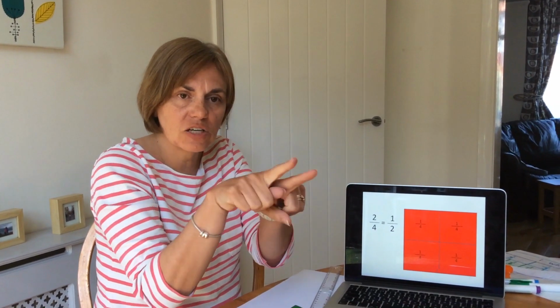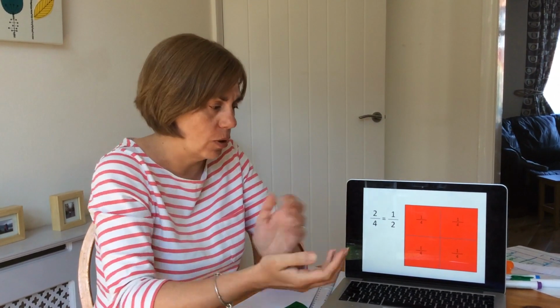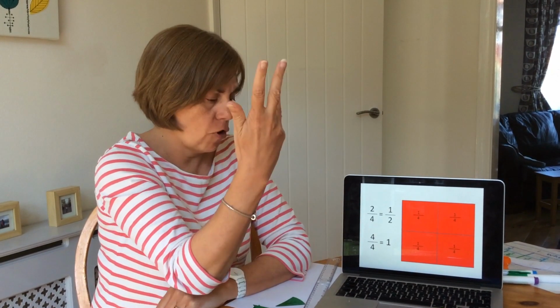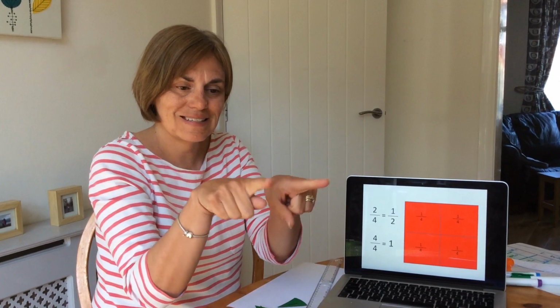Okay, and now we've got 1, 2, 3, 4 quarters, and that's going to be the same as what? Yes, 1 whole. See if we're right? Yeah, look. So 4 quarters is the same as 1 whole.